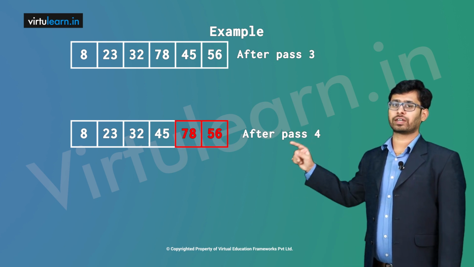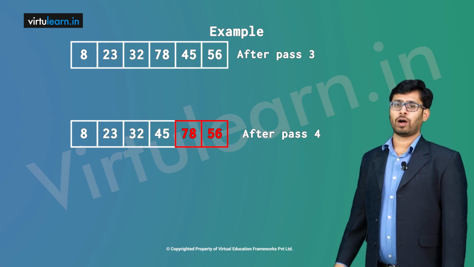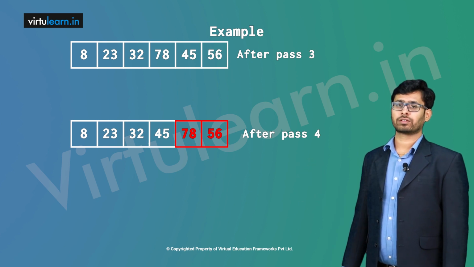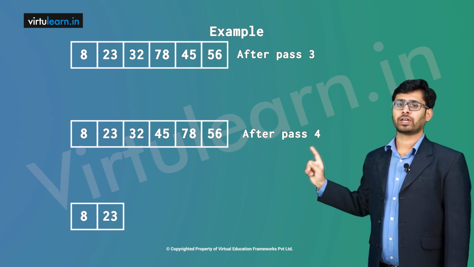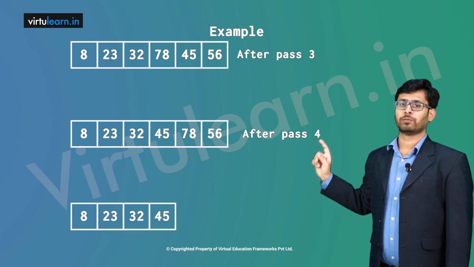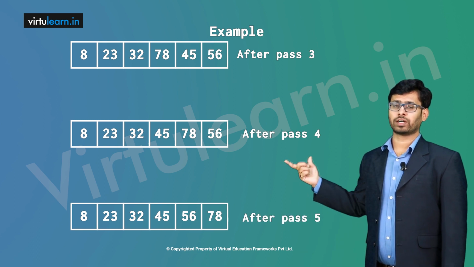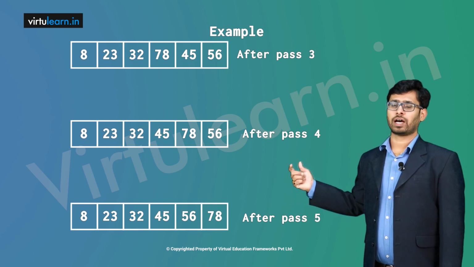So 78 is greater than 56, we need to swap it. So after swapping, in pass 5, the sorted order will be 8, 23, 32, 45, 56 and 78. So this is the sorted list. That is, the elements are in the ascending order.